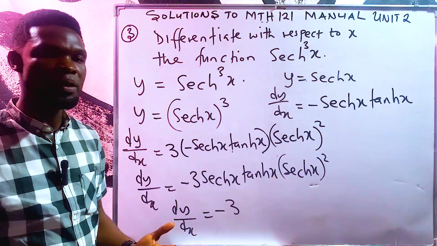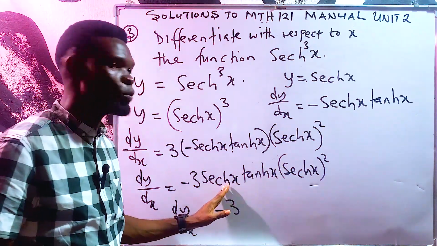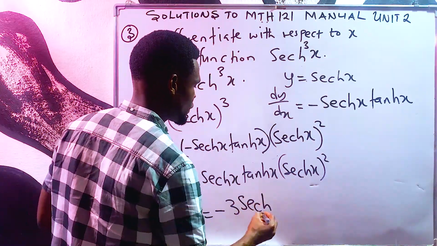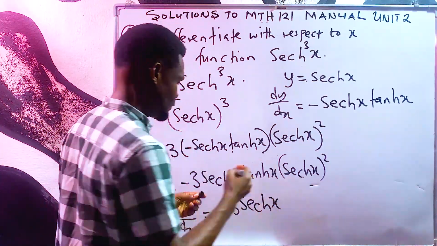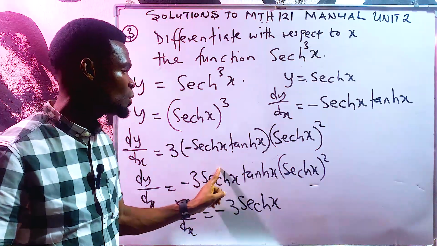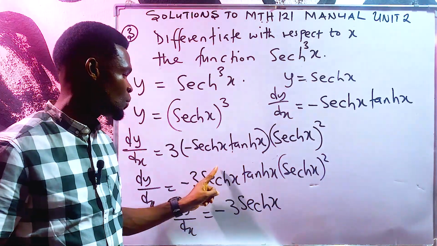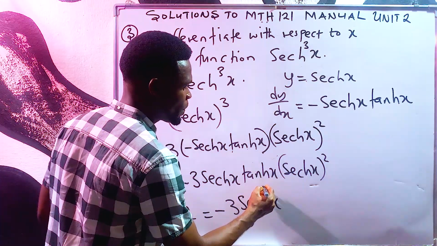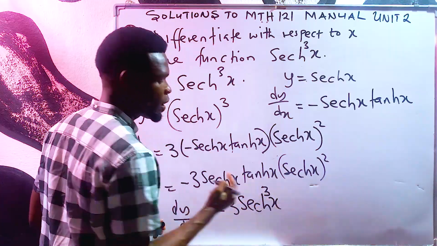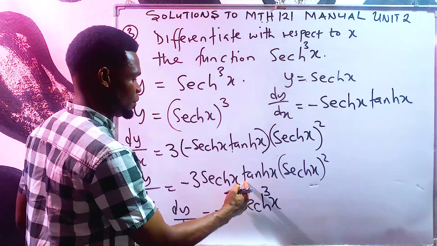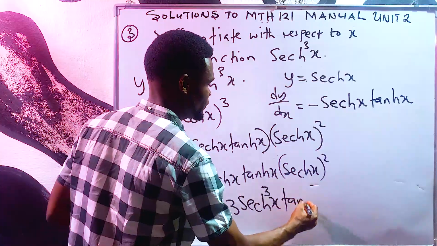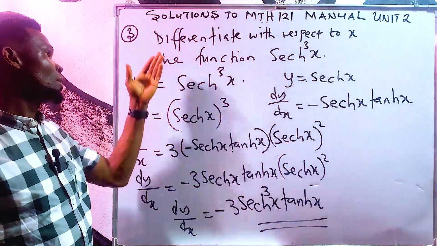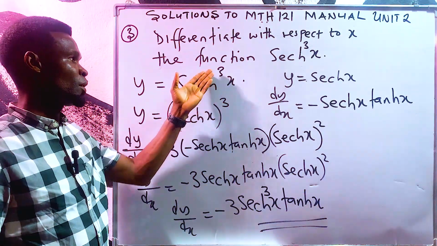Now remember from the laws of indices that when the bases are the same, you pick 1. So sec x, you pick 1, sec x. Then power 1 will be added to power 2. So 1 plus 2 is 3. So that will be 3 sec, you remember raised to power 3, that means sec cube x, and then times tan x. That is the derivative of this particular function, sec cube x.